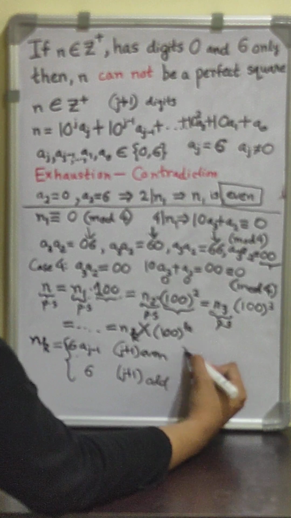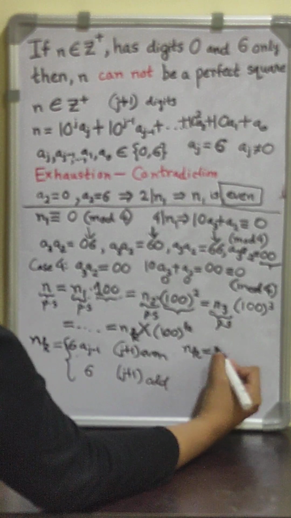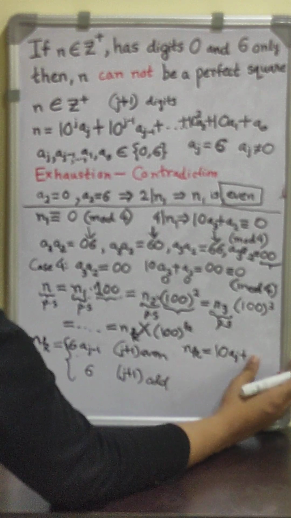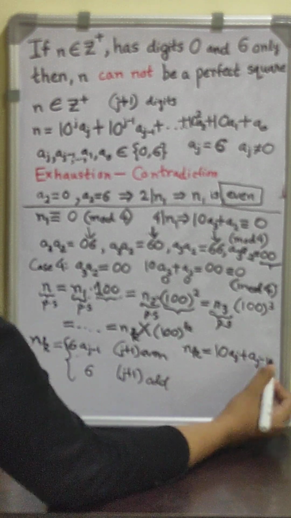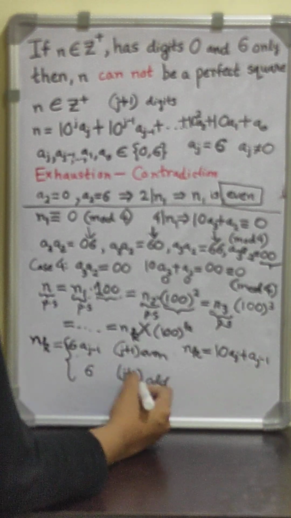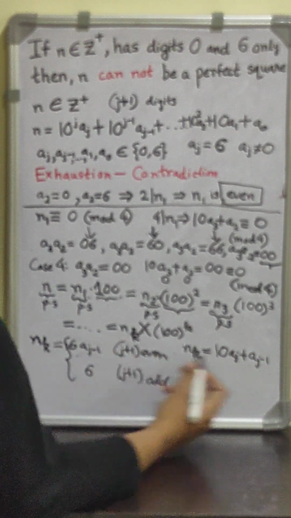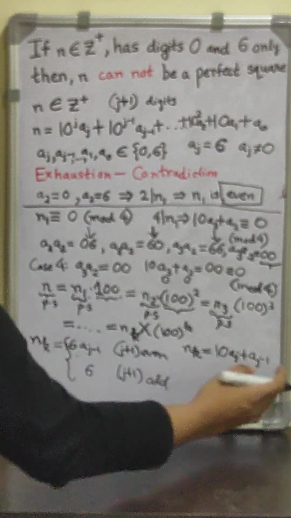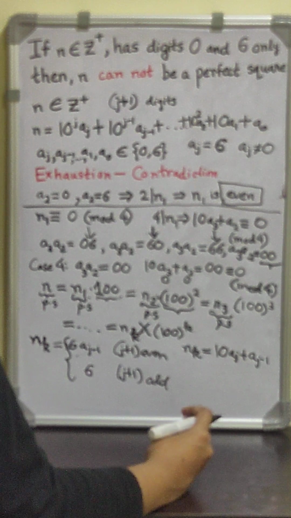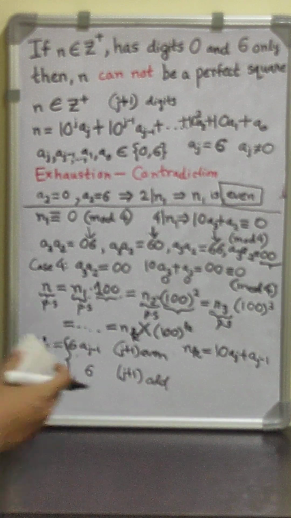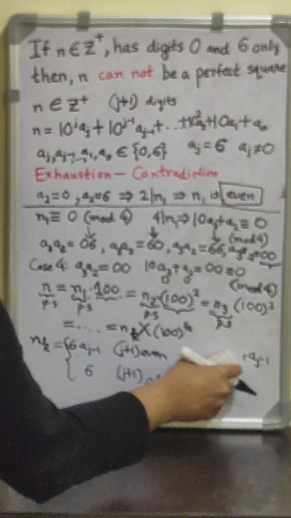So nk is actually this number, 10 aj plus 10k. Sorry, aj minus 1. First two digits. But in some cases, when j plus 1 digits are odd, I don't have aj minus 1. So aj minus 1 equals 0 takes care of that. So I might even write it like that.